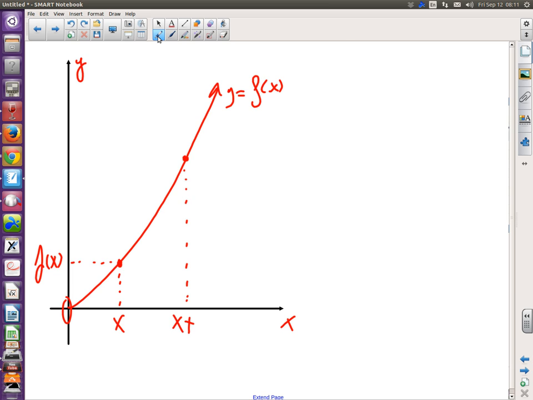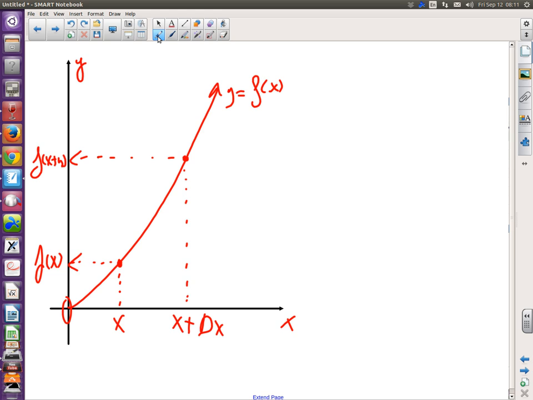If that's x plus delta x, isn't it the delta x that we were playing with a minute ago with the slope? Okay. And if this is y, this is going to be y plus delta y. But if I plug in x plus delta x into f, what do I get? What's this y value here? f of x plus h.